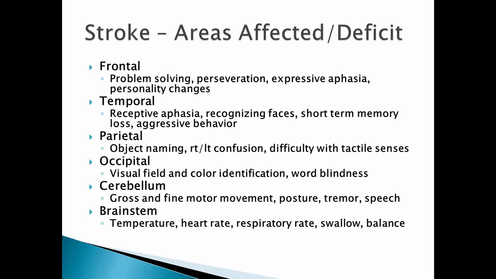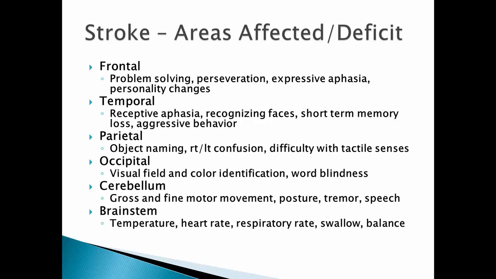They may have expressive aphasia and personality changes, which may include impulsive behavior. Remember we talked about dopamine sensitive neurons, and that's where most of those are. This helps us understand the high incidence of depression following a stroke that affects this area.